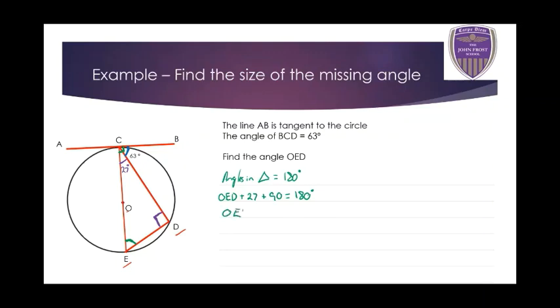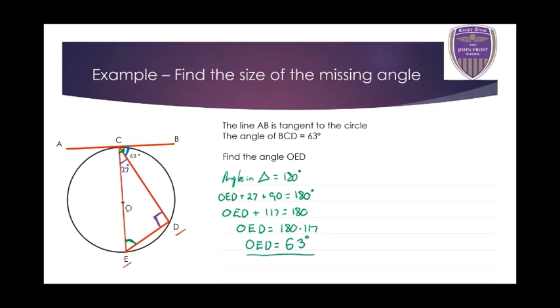So OED plus 117 equals 180. OED equals 180, take away 117. OED is equal to 63 degrees. Okay, and that's your final answer.